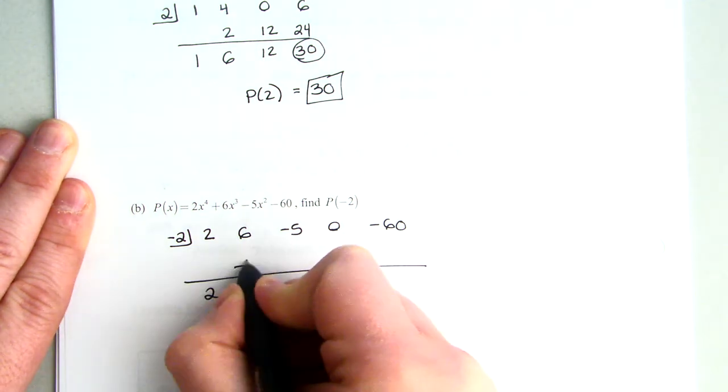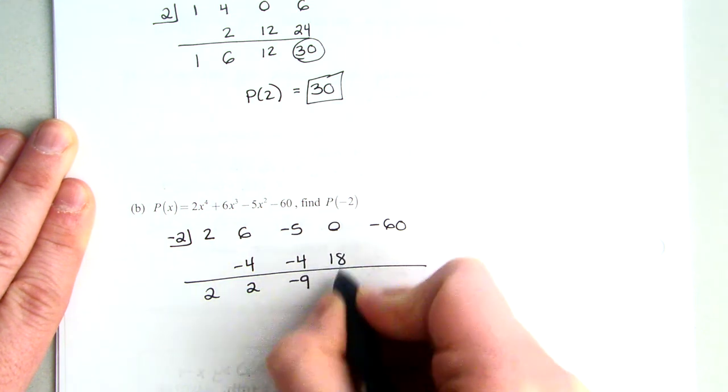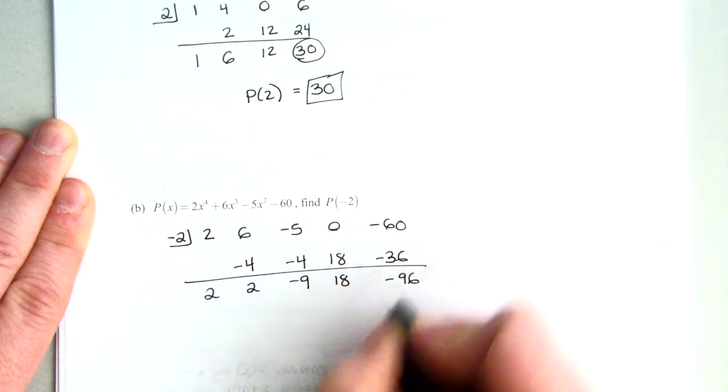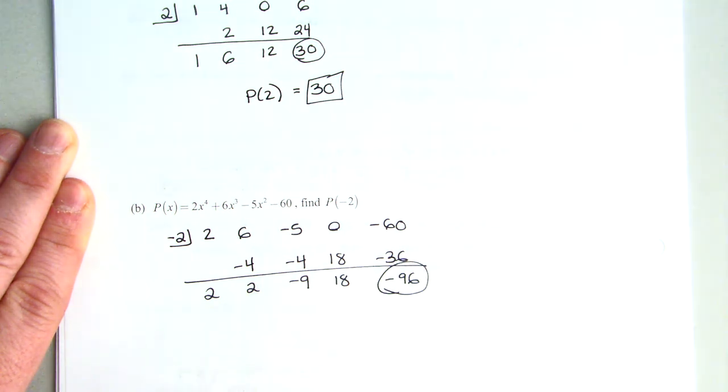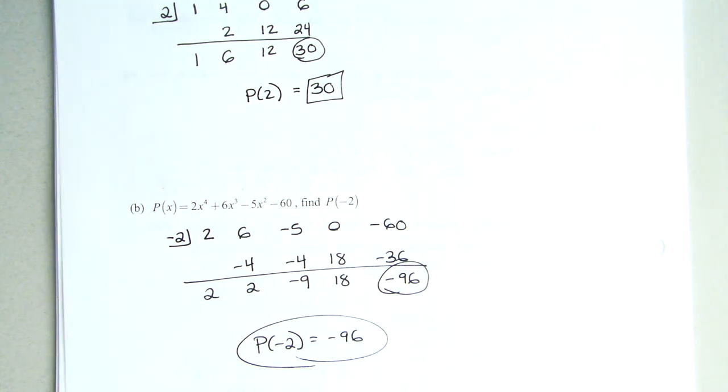Down 2, up -4, down 2, up -4, down -9, up 18, down 18, up -36, down -96. P of -2, -96.